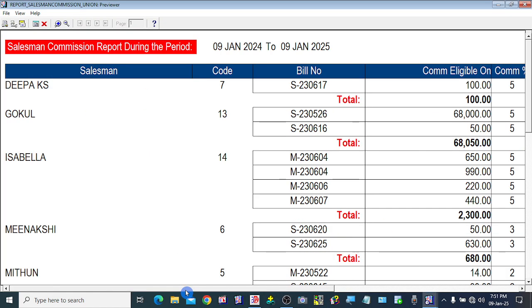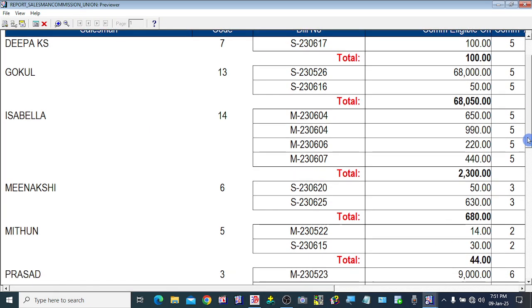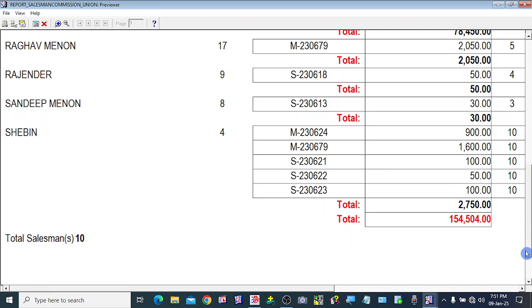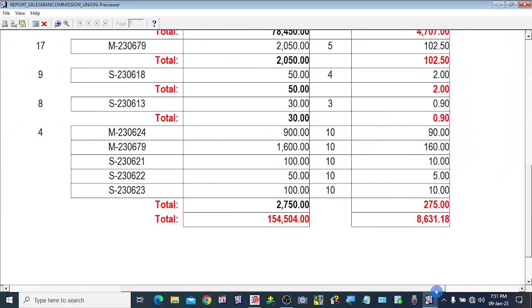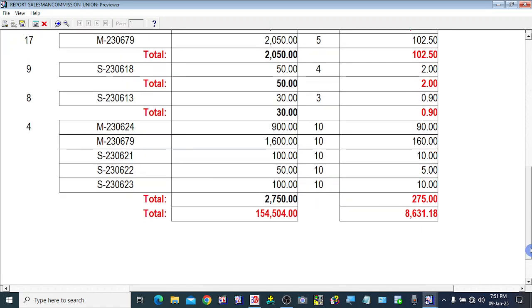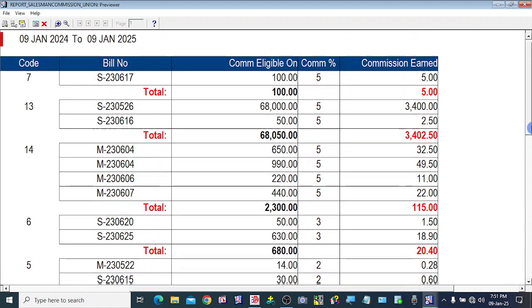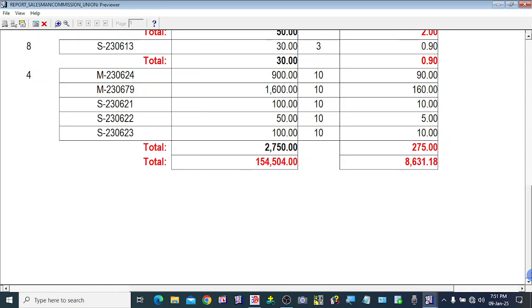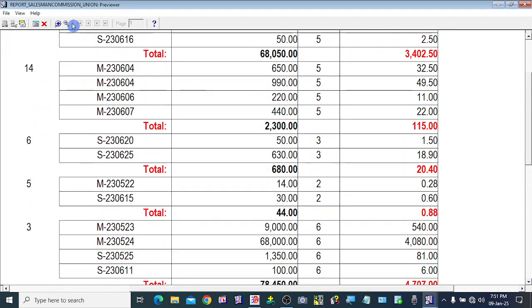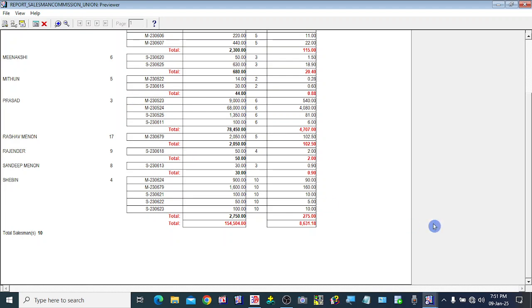In this way, at the end of each month, you can generate this report to understand how much commission is earned by different salesmen, and during this month how much commission we have to pay to various salesmen, that we can generate with the help of this salesman commission report.